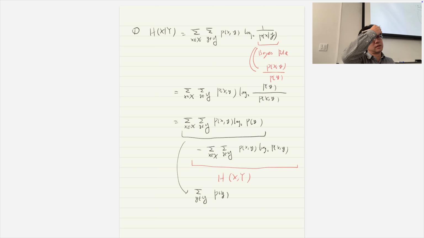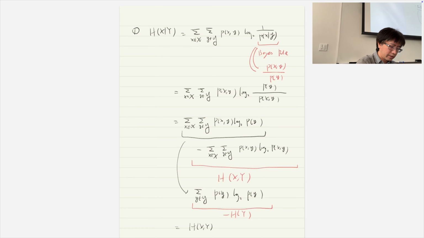It's a marginalization. And then we have log2 p(y). Does that look familiar? Yes, minus H(Y). Therefore, the entire thing equals H(X,Y) minus H(Y).